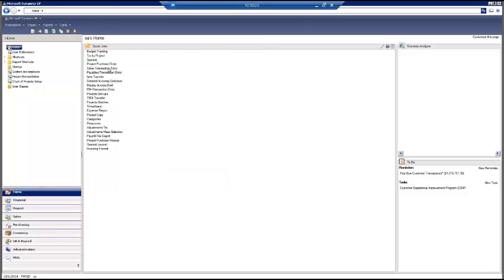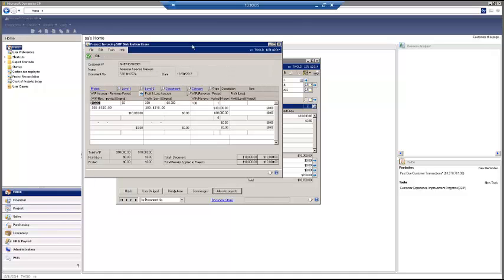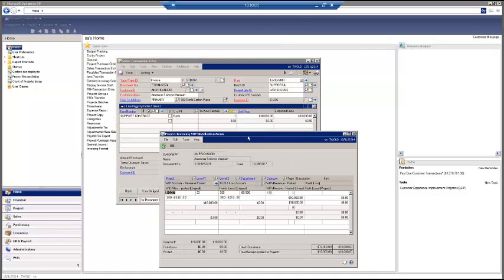For our sales order module, we can look at a transaction, allocate the project through our allocate project window that opens up right from the SOP window here. So we can now allocate these amounts to one or multiple projects.